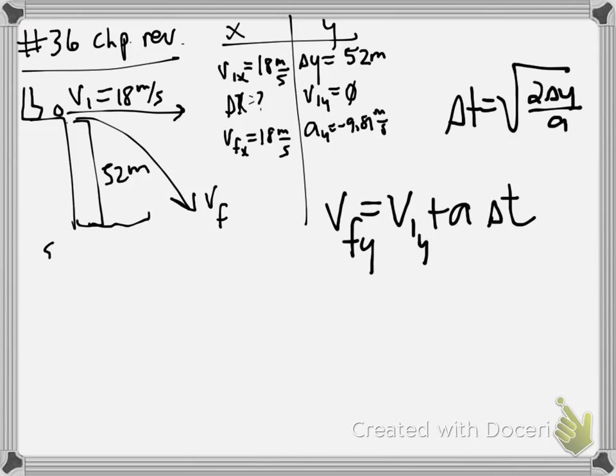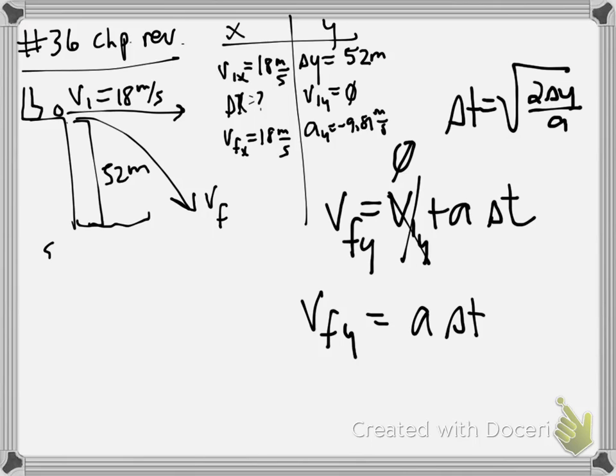We don't have to have anything there because VIY is 0. So it's just equal to acceleration times time. So that gives us VFY.